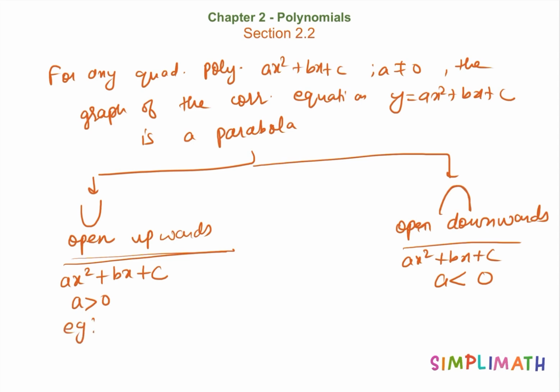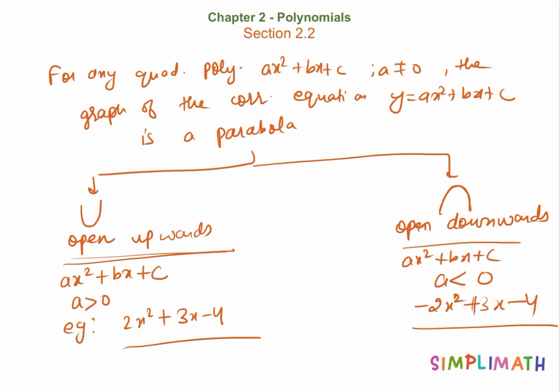For example, 2x square plus 3x minus 4, and over here minus 2x square plus 3x minus 4. So the parabola would be open upwards here, and here the parabola would be facing downwards.